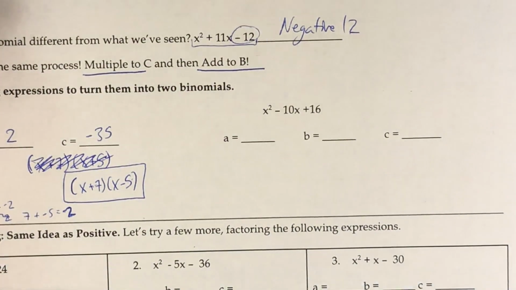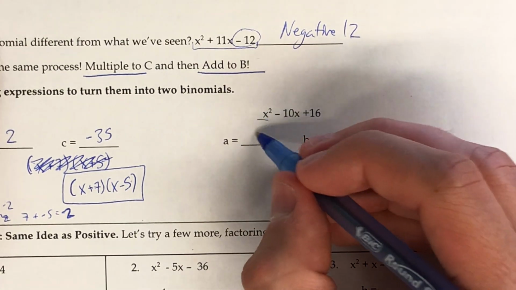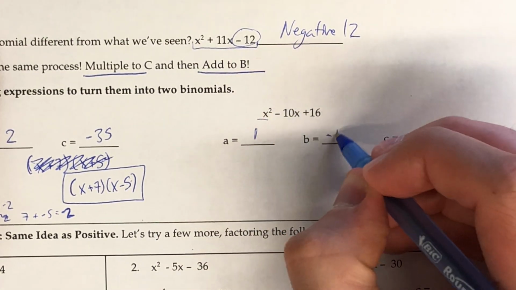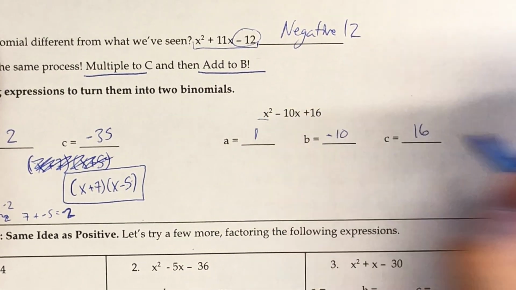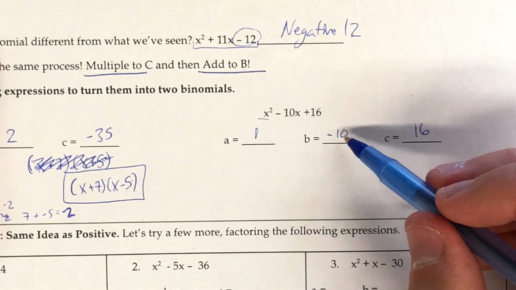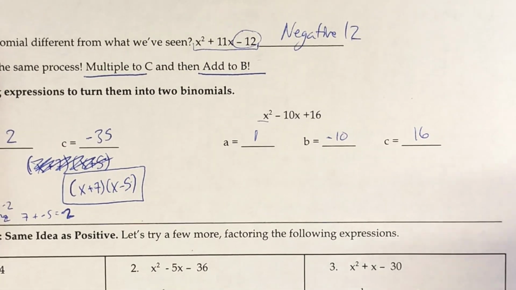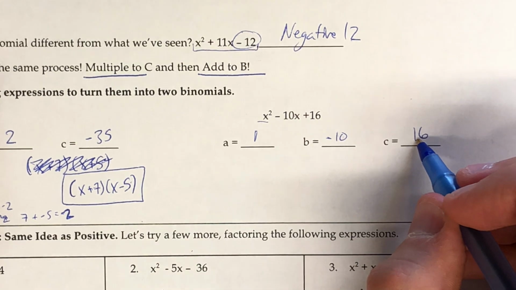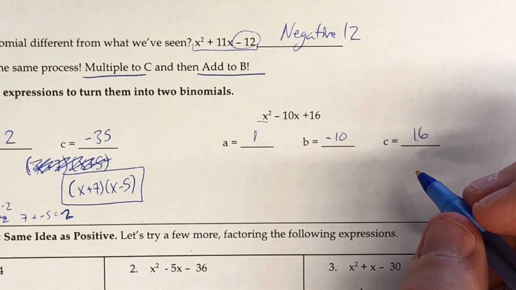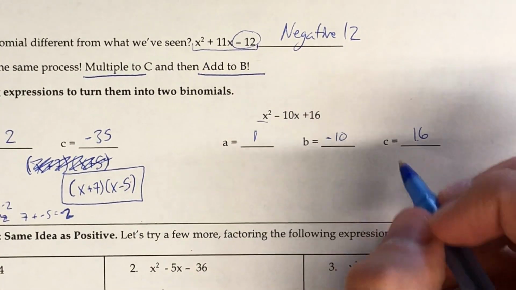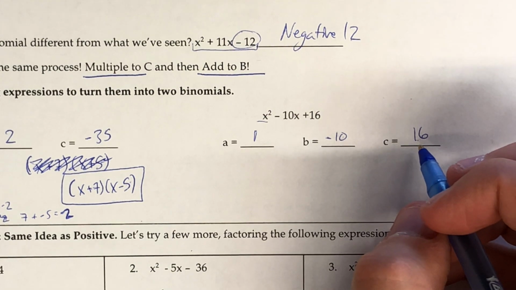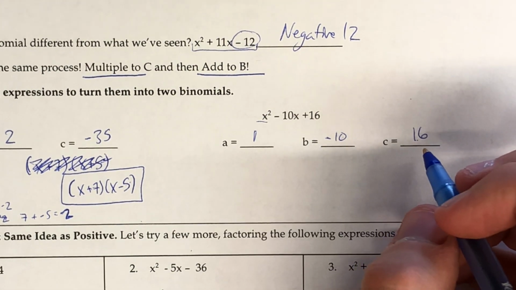Let's look at another. Our a value here goes with x squared, a is 1. B goes with x, negative 10. C is 16. So in this case, our b value is negative. So we want two numbers that multiply to 16 and add to negative 10. We want them to multiply to a positive. So what types of numbers multiply to positive?